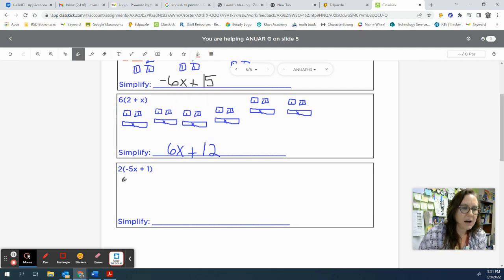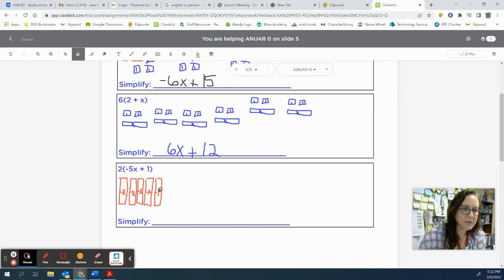We've got 5 negative x's. 1, 2, 3, 4, 5.